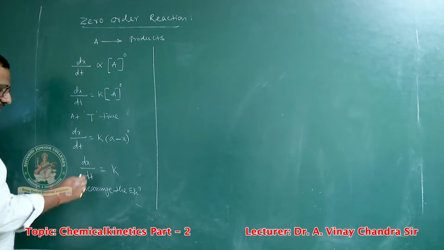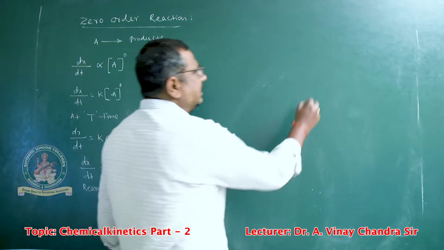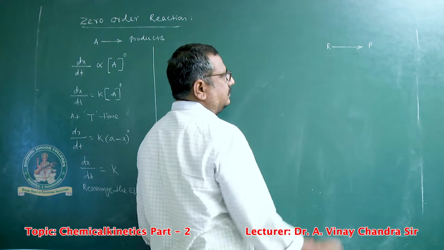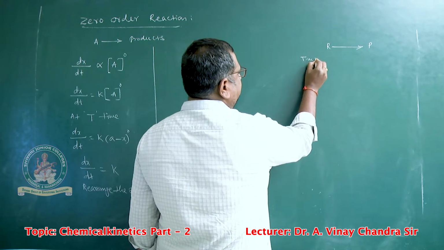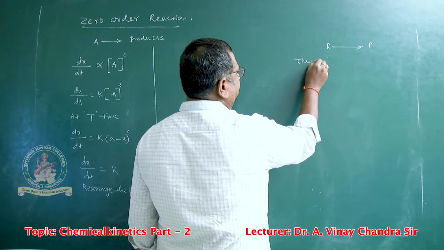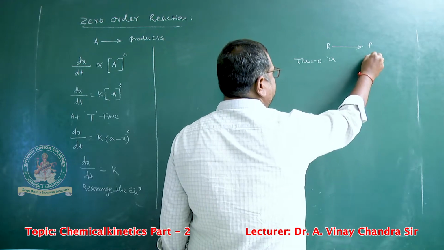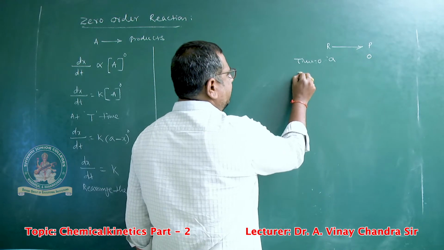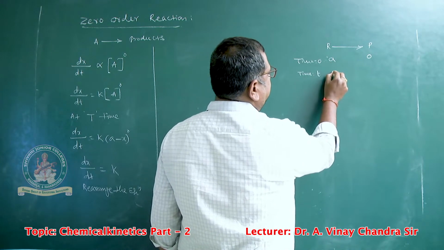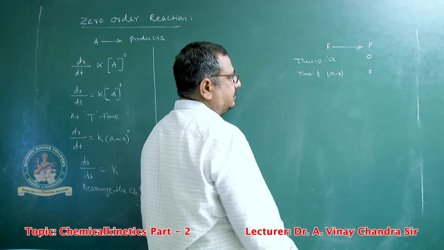Why do we have to rearrange the equation? Because, as discussed earlier, reactants convert into products. At time t equal to 0, reactant concentration is a and product concentration is 0. At time t, reactant concentration is a minus x and product concentration is x.